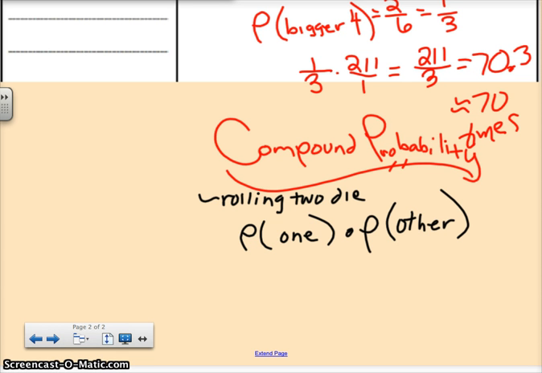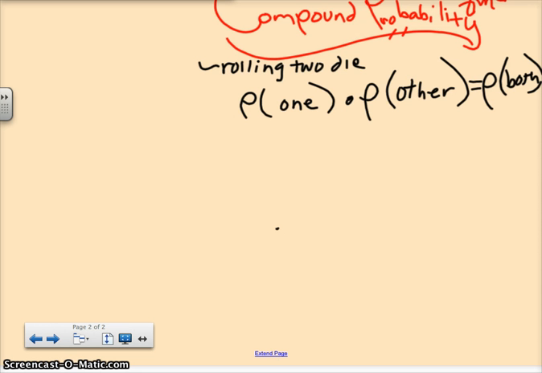That's how you do compound probability. So the probability of one event times the probability of the other is equal to the probability of both, all combined.